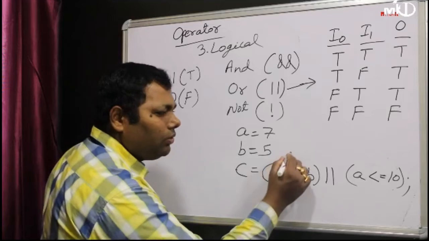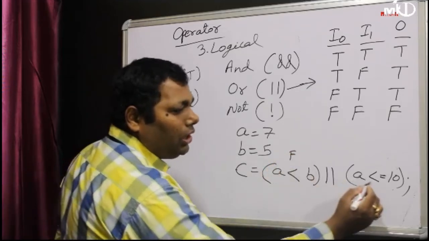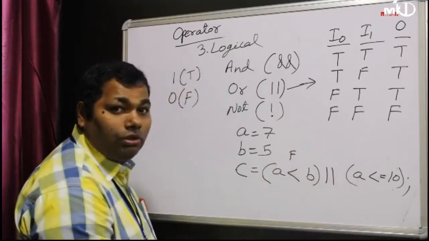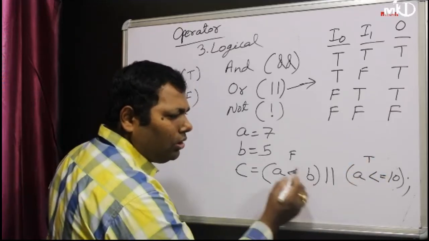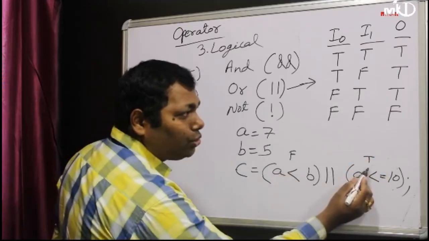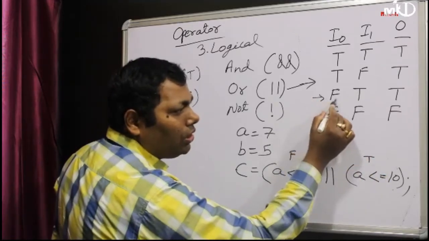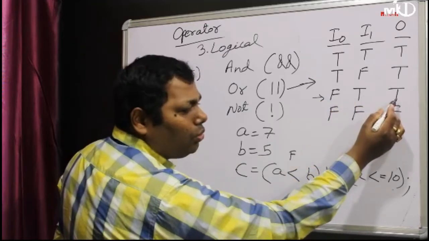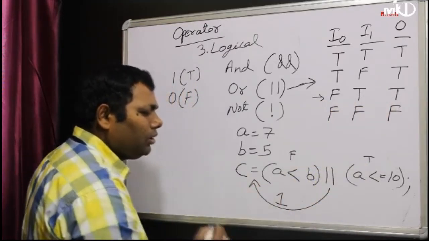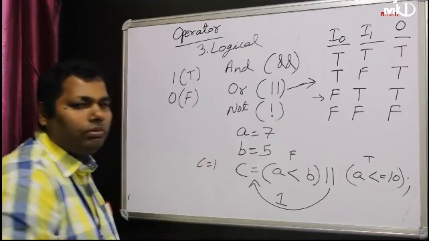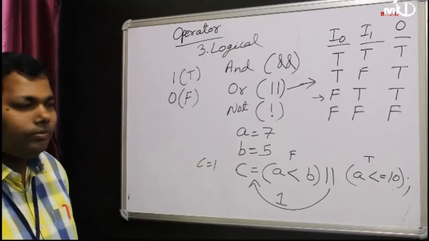No, it is false. A less than or equal to 10, is it true? Yes, it is true. Now for the OR, first is false, second is true. What is the output? True. So true means it returns the value 1. So now C equal to 1. Clear?